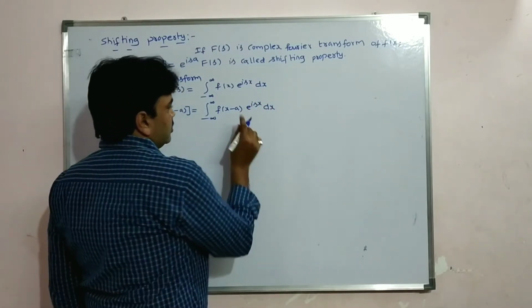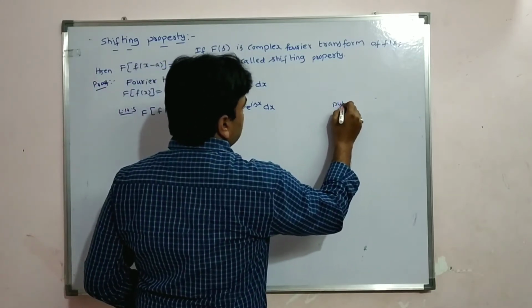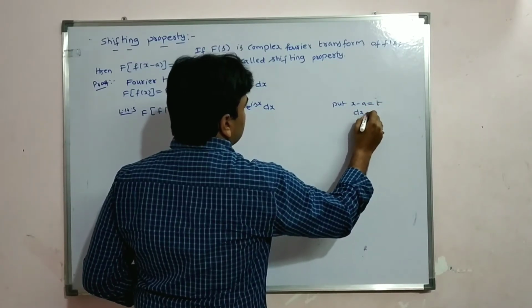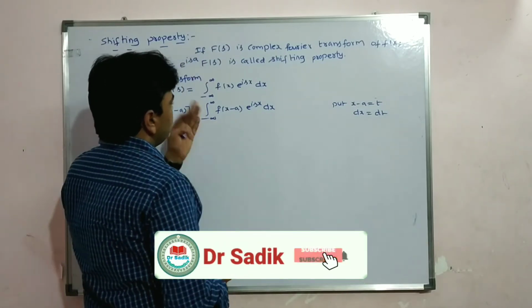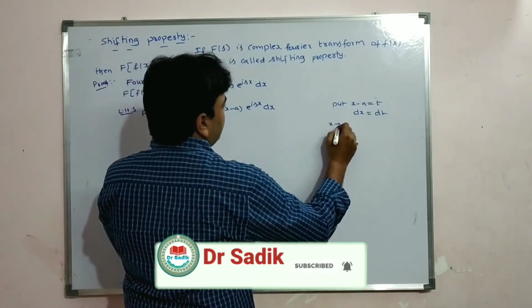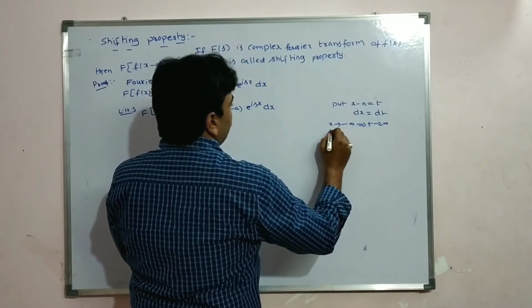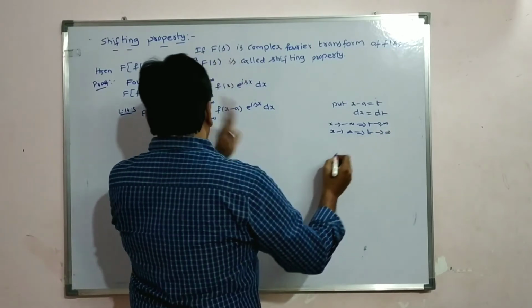Again same, students. Put x minus a is equal to t. So what is the dx value, students? dx value is dt. So the limits remain the same, students. Whenever x tends to minus infinity, t tends to minus infinity. Whenever x tends to infinity, t tends to infinity.